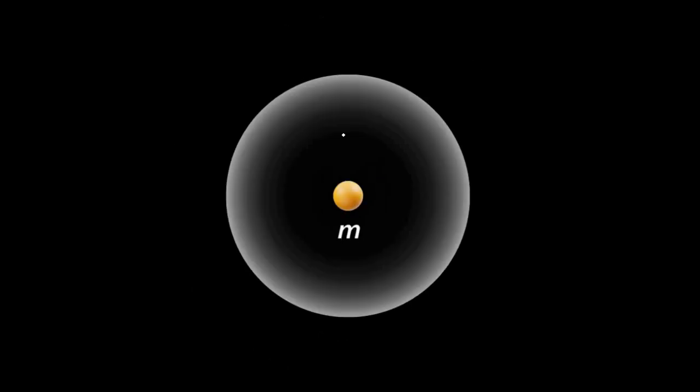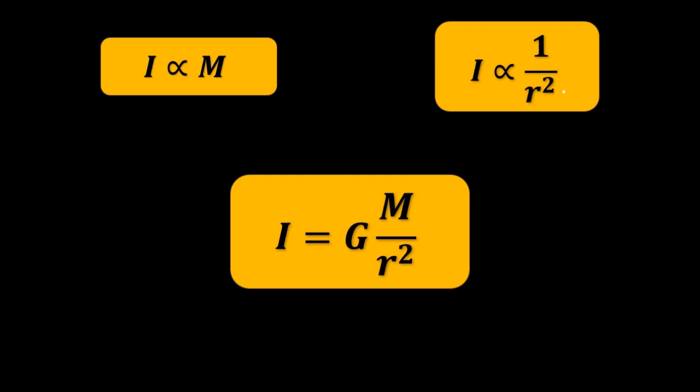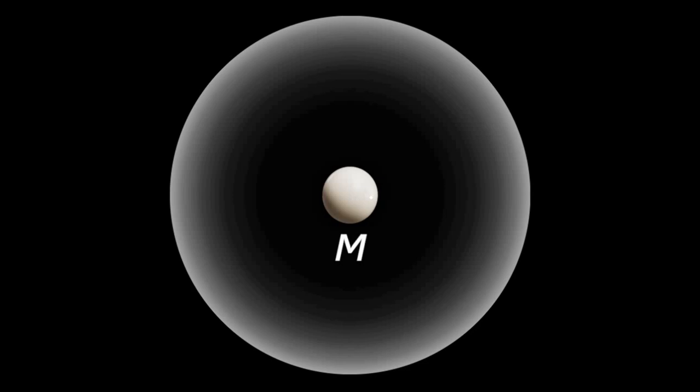The smaller the mass, the smaller the strength and extent of the gravitational field. Similarly, when we are closer to the source mass, the gravitational field intensity is higher, and as we move away from the source mass, it is lower.